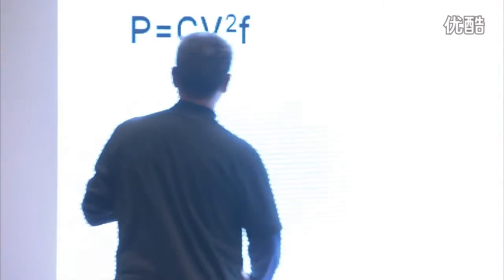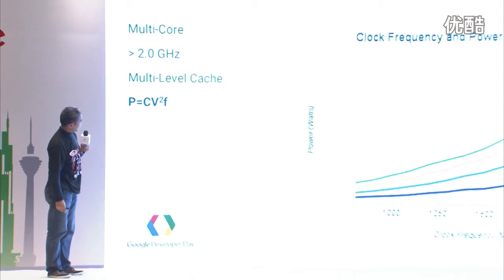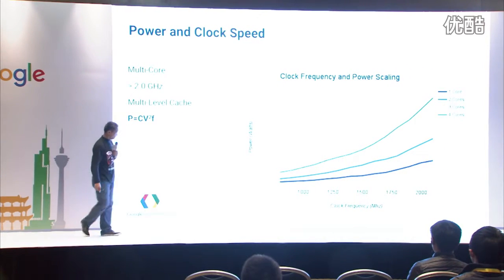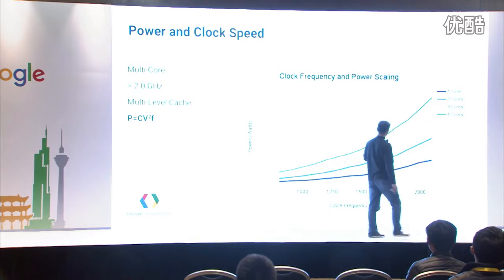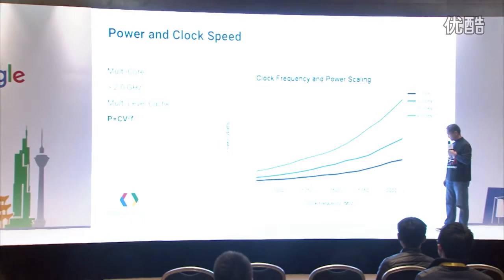Mathematically, this is the only formula you're going to see in the slides, and compared to the 3D math, it's the simplest one. What it's trying to say is that multi-core helps power consumption.